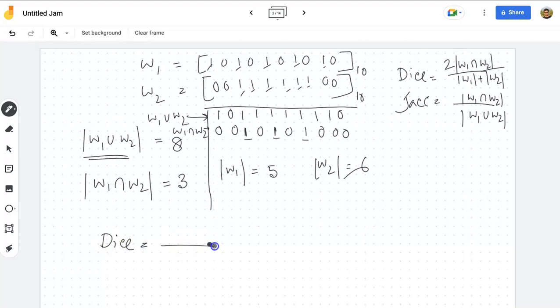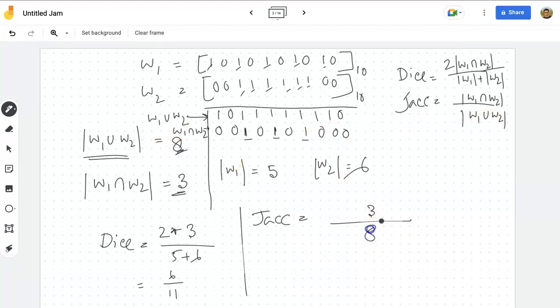Dice will be 2 times the intersection of W1 and W2, which is 3, divided by 5 plus 6, so basically 6 by 11. For Jaccard it will be the intersection, 3, over the union of W1 and W2, which is 8. So Dice is 6 by 11 and Jaccard is 3 by 8.